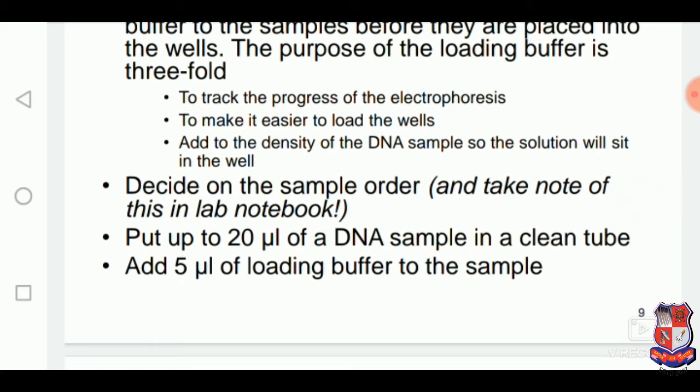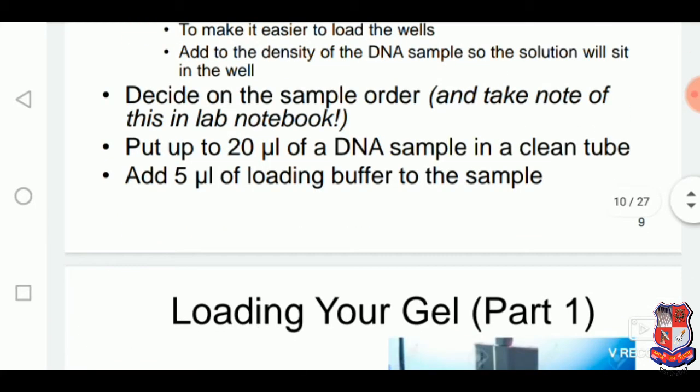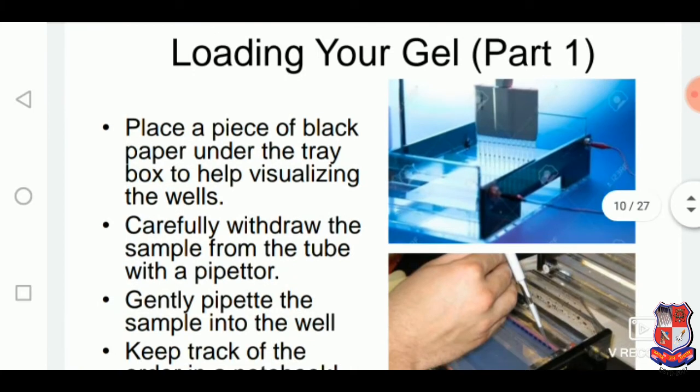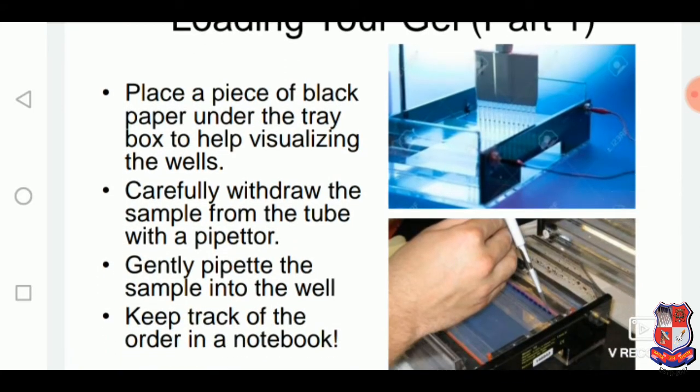Put up to 20 microliters of DNA sample in a clean tube, and after that add 5 microliters of the loading buffer to the sample. So this is an illustration with a multipipette and single micropipette for the loading of the sample.